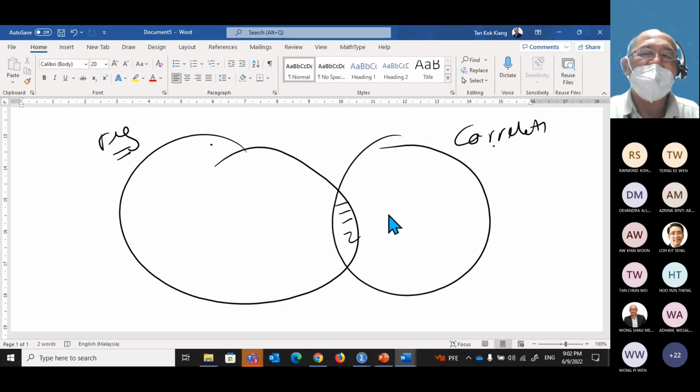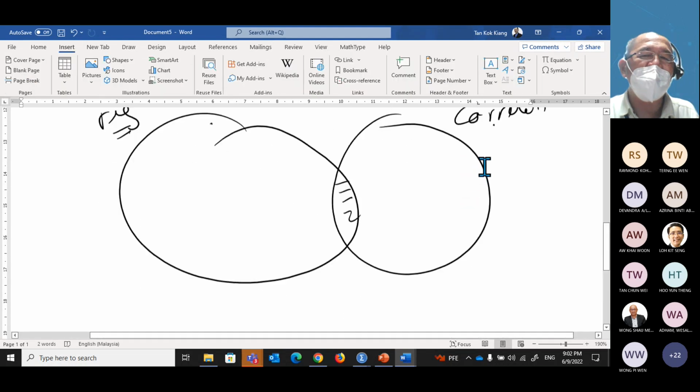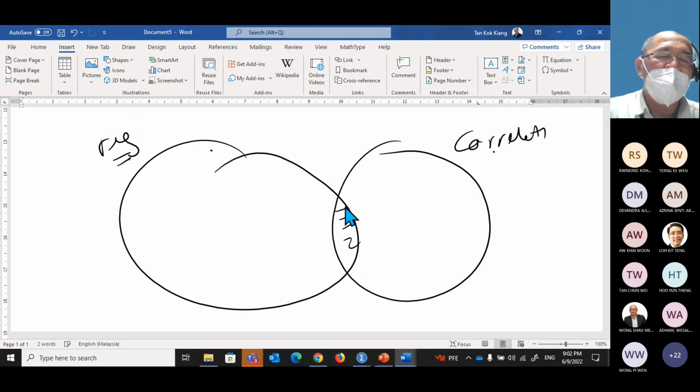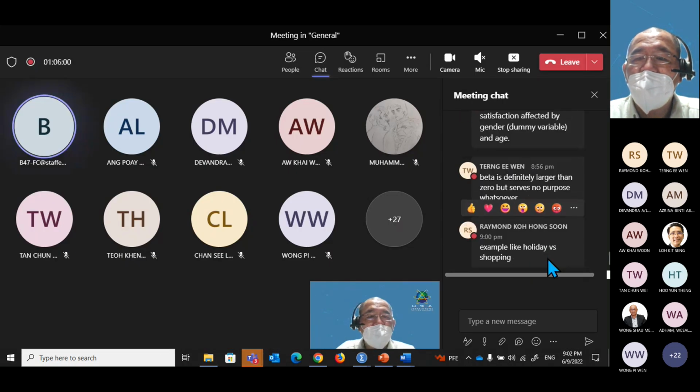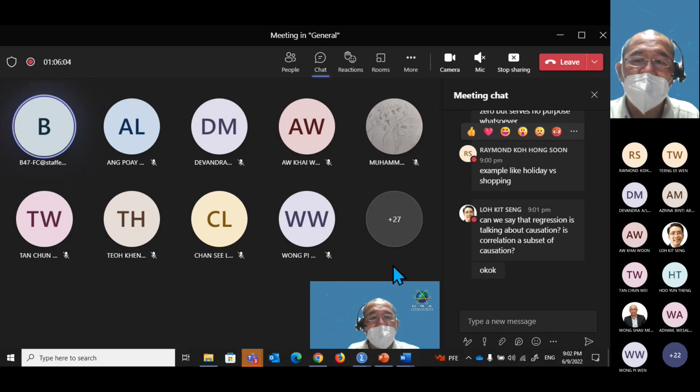But if correlation is not under regression, we never say like this. They are two different things, but sometimes they have some relationship. If no question, now we see next.